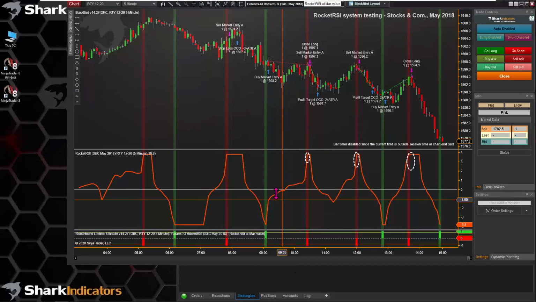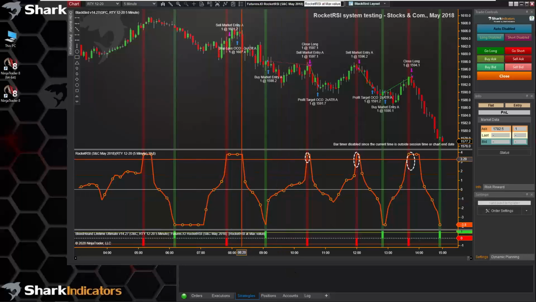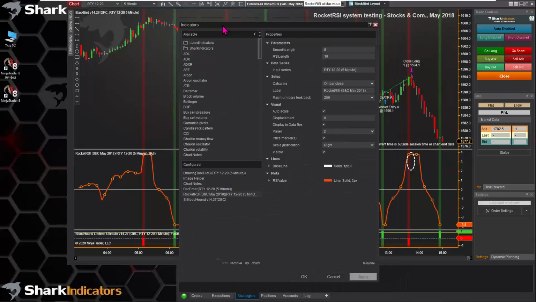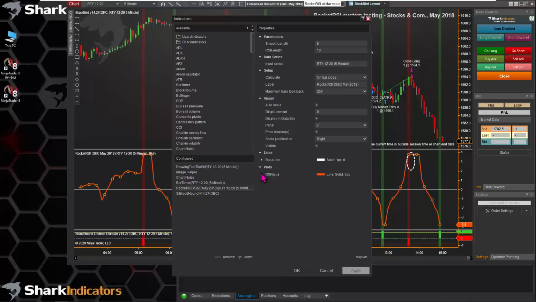The easiest way to know is if your indicator is plotting on the chart, if it has a plot. If I pull up the indicators list, we can see this plot section here, and that's a clear indication that the indicator will work just fine with Bloodhound and Blackbird.